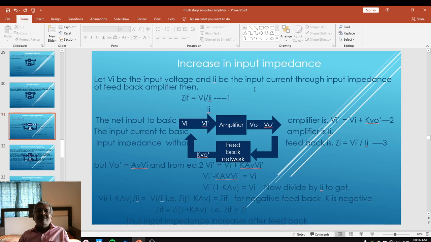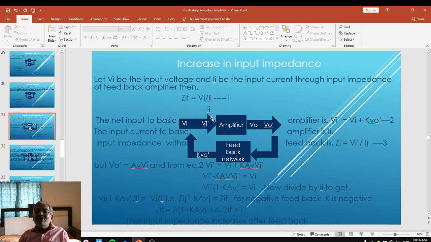So both the concepts we are going to study today. To prove that, let me consider Vi be the input voltage and Ii be the input current through the input impedance of the feedback amplifier, which is represented here.